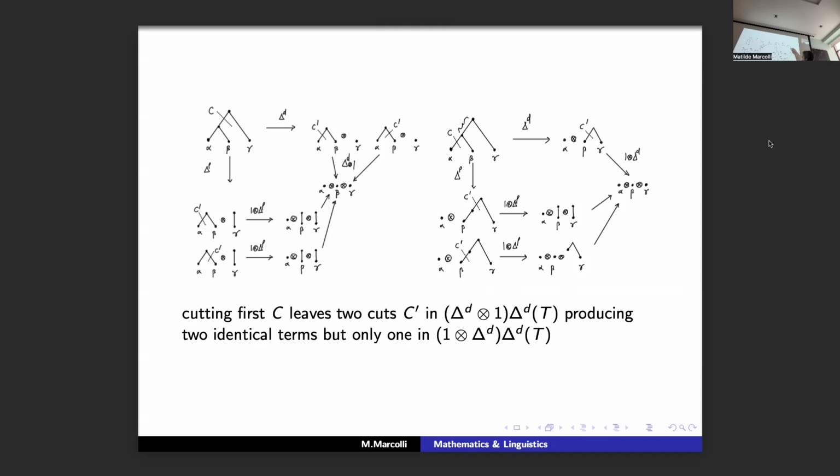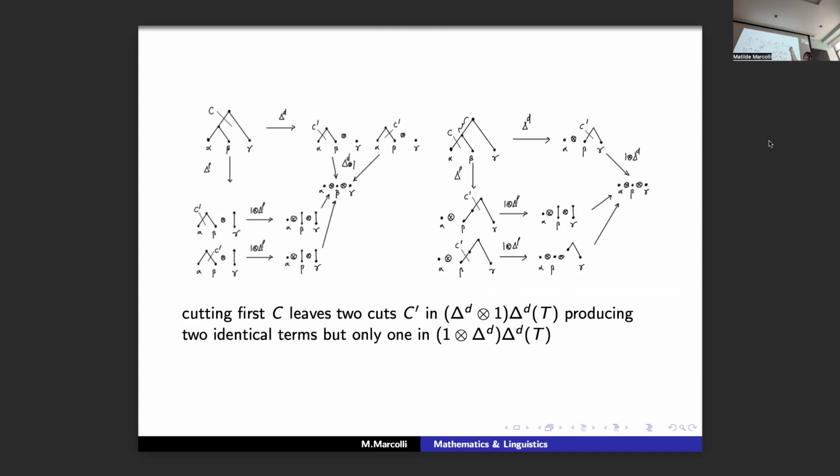But now, in this case, I still have possibilities too. Here the only remaining part would be just this beta gamma, because this unbranching vertex disappears here. So I only have one place where I can place this cut. And if I keep this, I have two possible places where to place my cut here. So I get a term that is the same, but it gets counted twice here and only once on the other side.